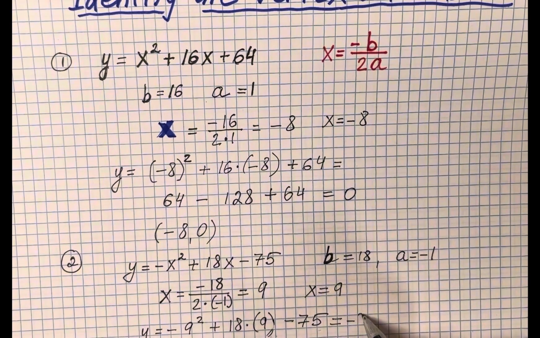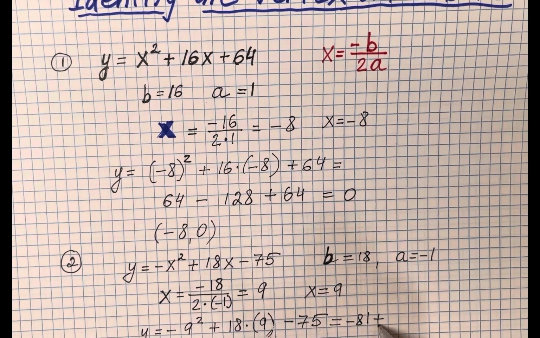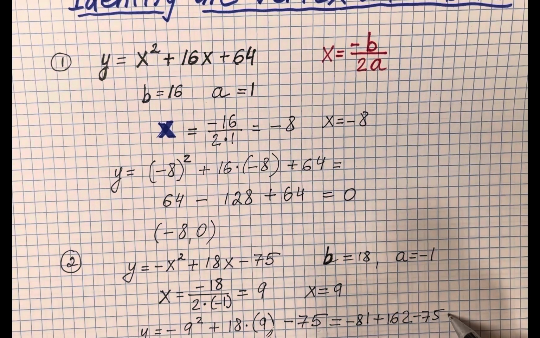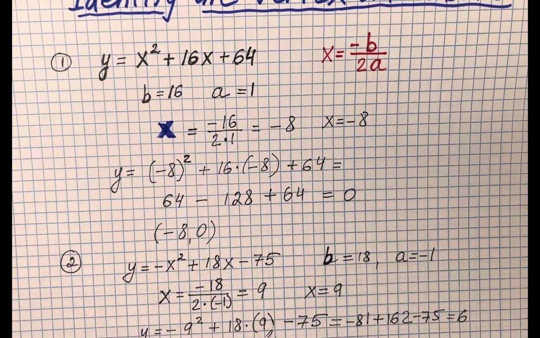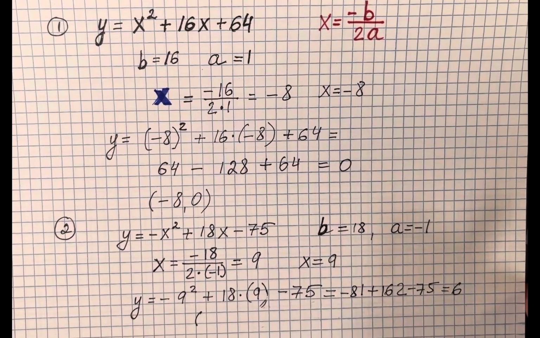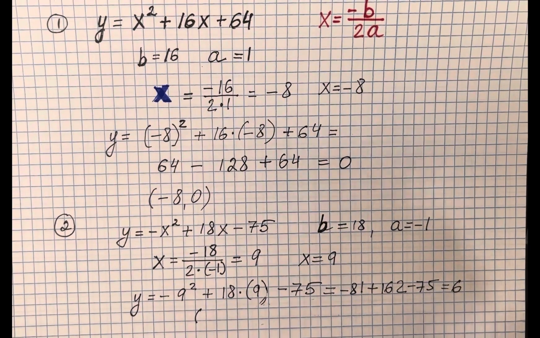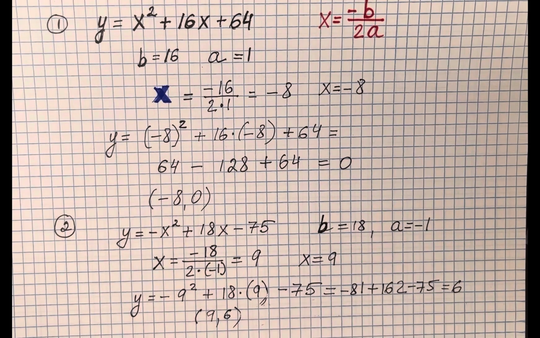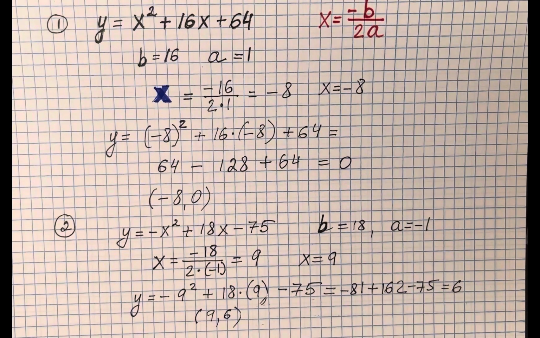So we have negative 81 plus 18 times 9, which is 162, minus 75. And the final answer is 6. So the coordinates of the vertex are x equals 9 and y equals 6. And we're done with this one.